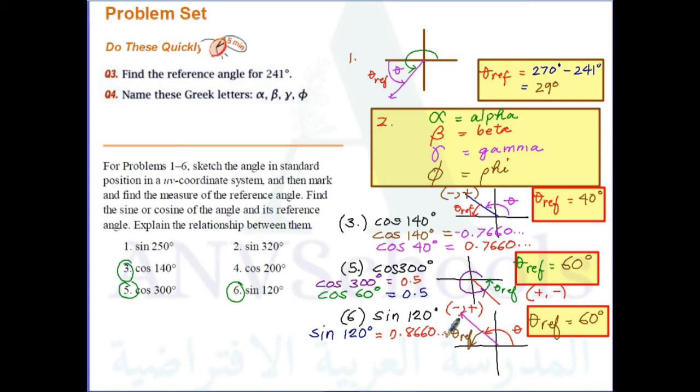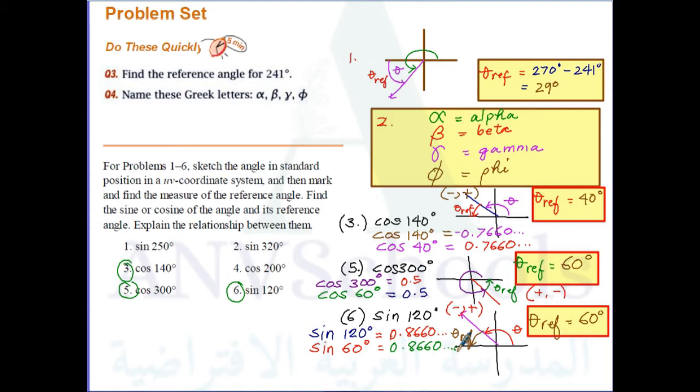Note that this is positive. Okay? How about my sine of 60? Sine of 60 degrees, they should have the same magnitude. So sine 60 is the same. You have 0.8660. So remember that all of the sines or cosines of our reference angles are positive.